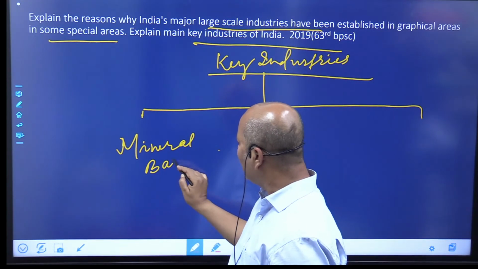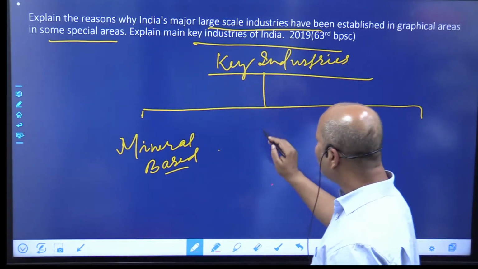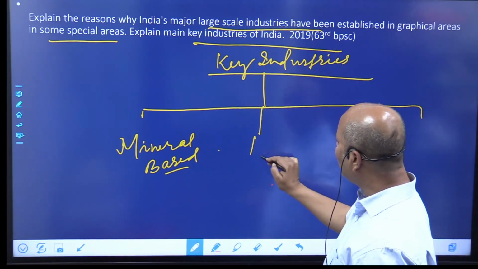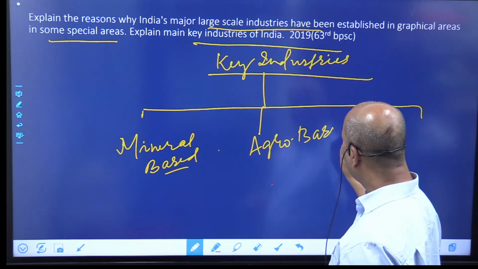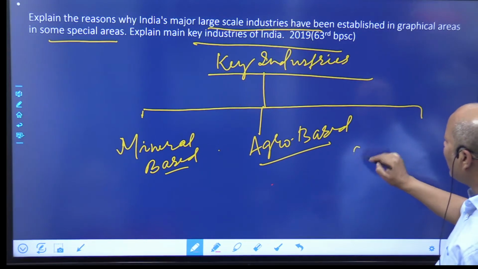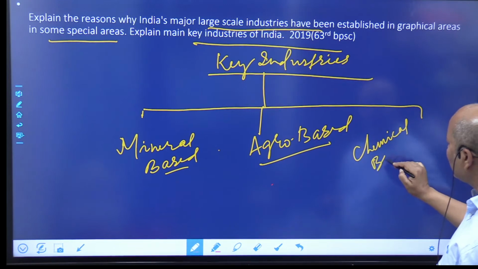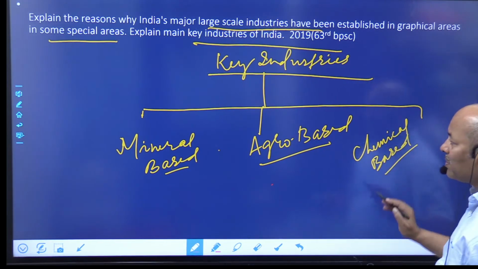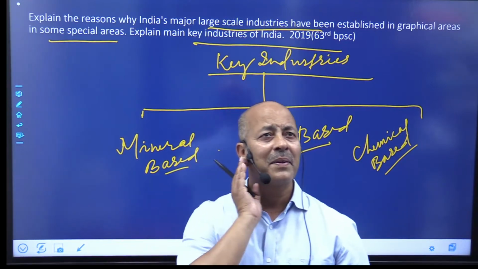Key industry related to minerals. Now the key industry related to agriculture, or you can say agro-based. And third, the key industry related to chemical-based. Chemical-based.